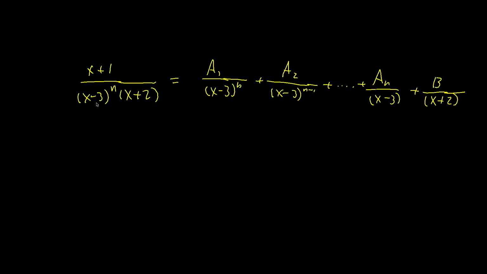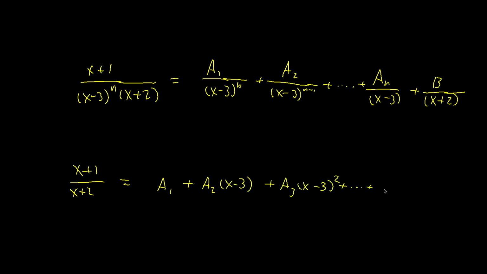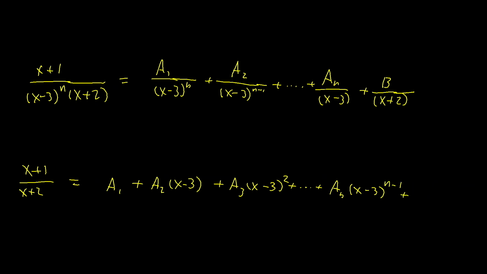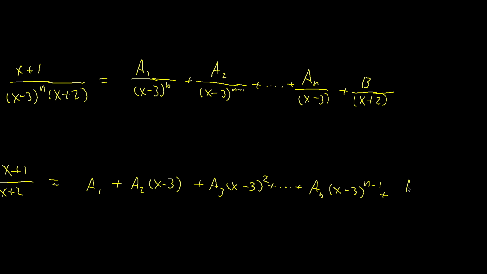So let's multiply both sides by this (x minus 3) to the n term. (x plus 1) over (x plus 2) equals a1 plus a2 x and then plus b over (x plus 2) times (x minus 3) to the n.